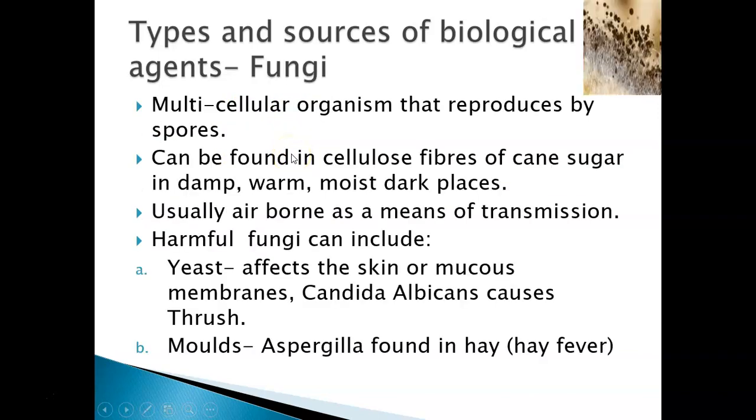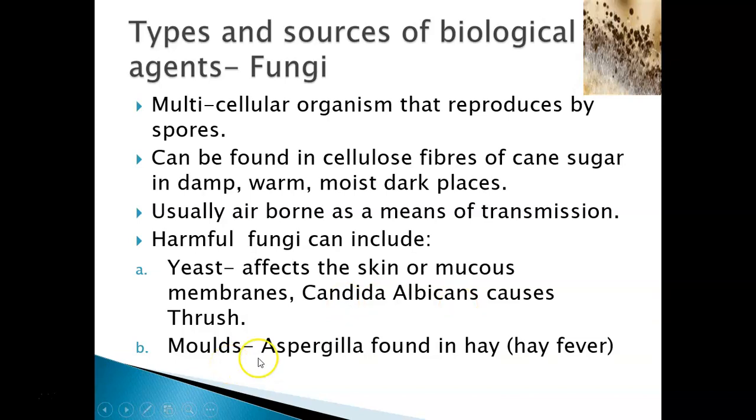Fungi are multicellular organisms that reproduce by spores, can be found in cellulose fibers of sugarcane, in damp, warm, moist, dark places, usually airborne as a means of transmission. Harmful fungi can include yeast, which affects the skin or mucous membranes, and can result in Candida albicans, which causes thrush.